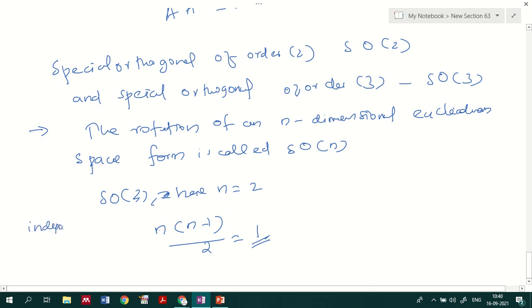There will be only one parameter, given by n(n-1)/2. Normally the function will be psi when you consider the function.